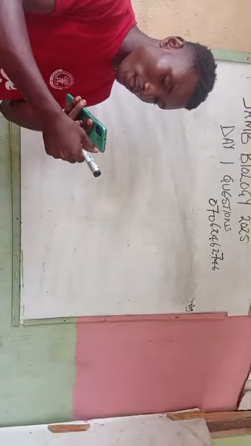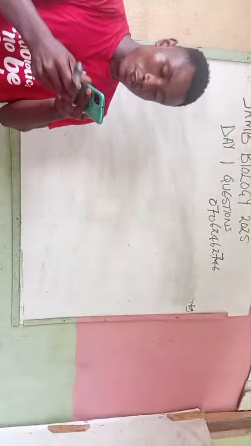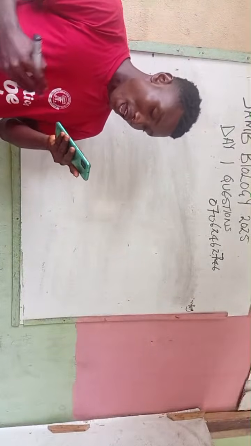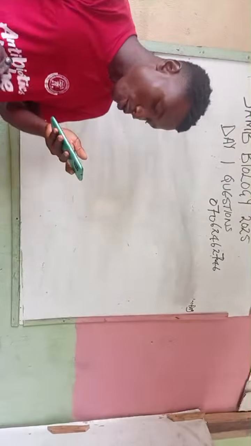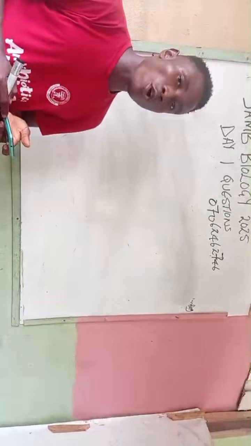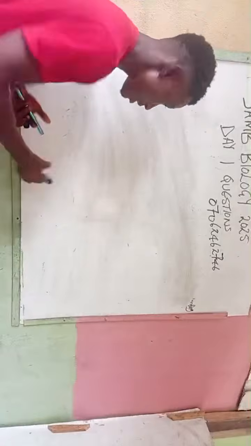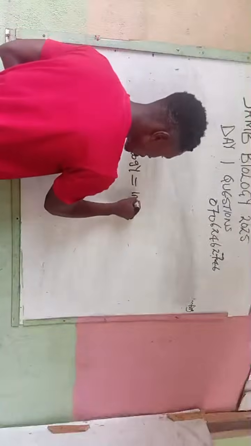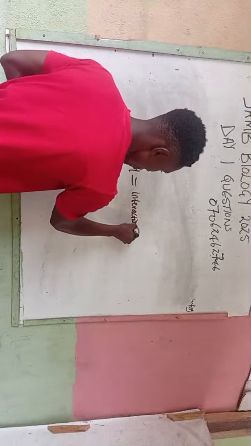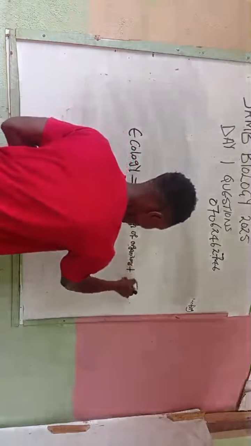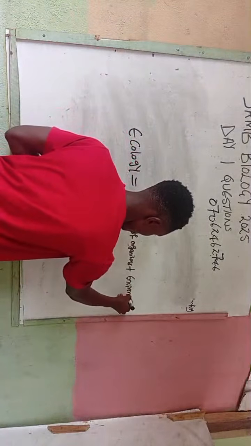It says, what is the study of the interactions between organisms and their environment? We have A, ecology, B, evolution, C, genetics, and D, botany. The answer is ecology. Ecology is the interaction of organisms plus our environment.